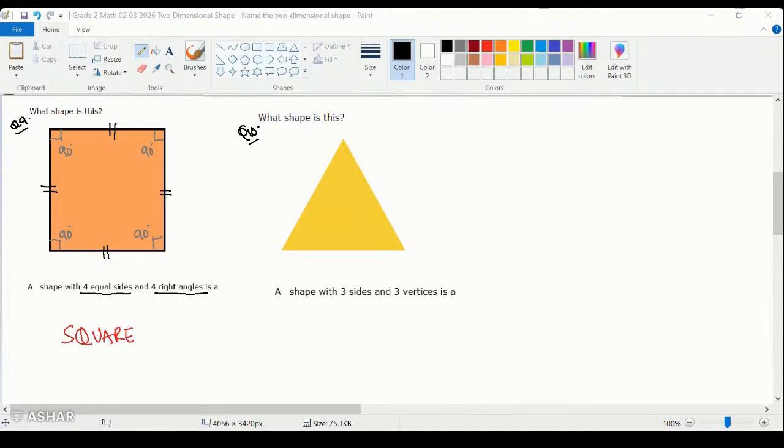Yes, students. So what should be the name? No, we need to look at the difference. What did I tell you about the sector? You're saying this is a sector. 3 vertices. The word vertices means edges, right? First edge, second edge, and the third edge.